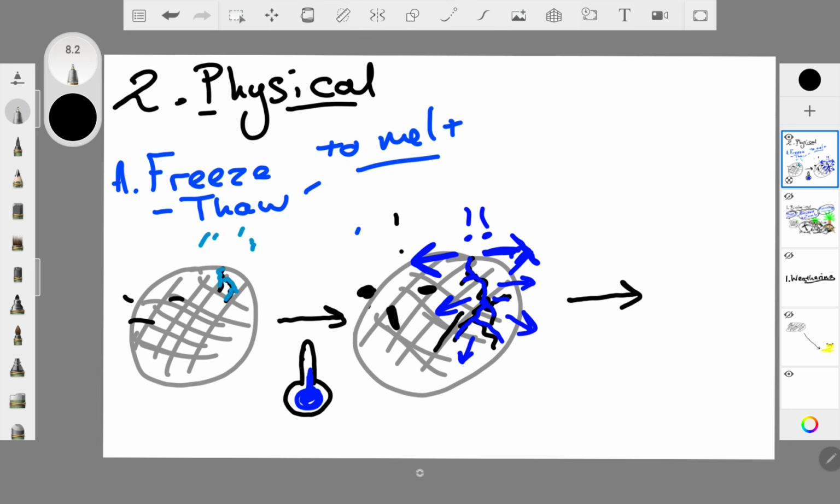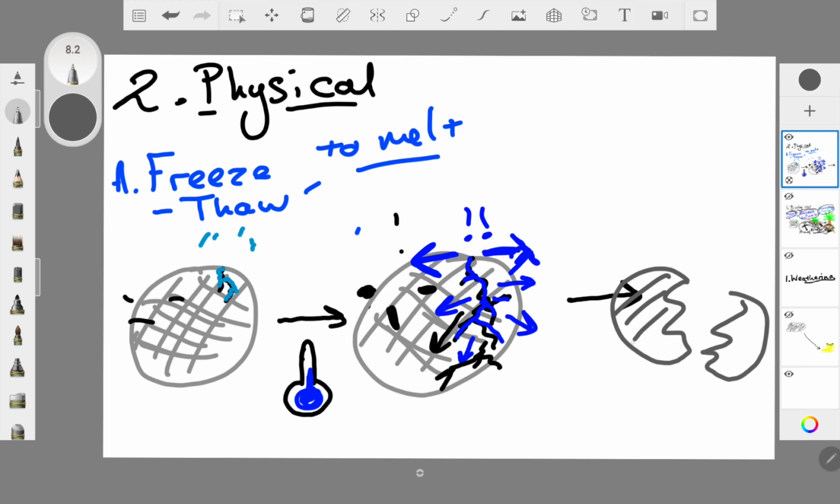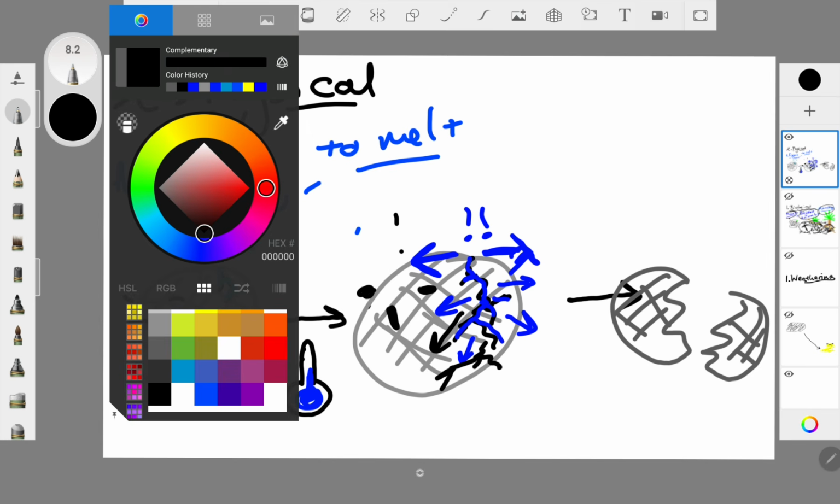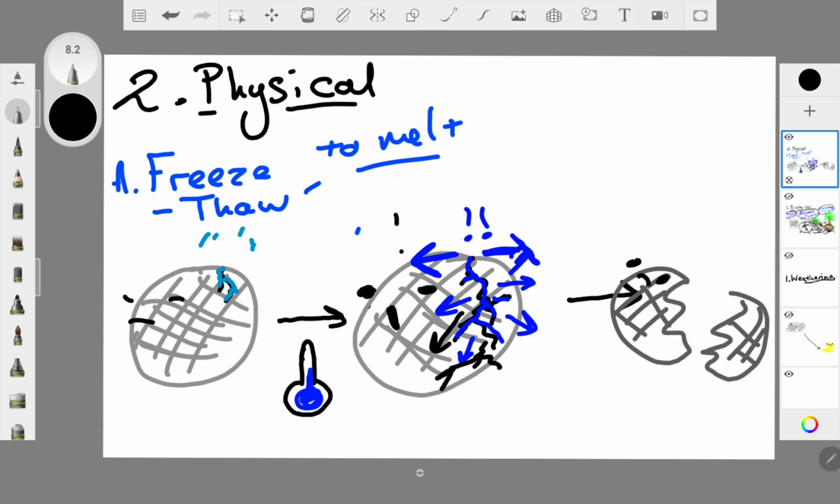The water gets deeper and deeper, the cracks get wider and wider, and by the end of it, my poor boulder has been cracked in half, broken apart, and the process is going to keep happening as new cracks form. So that's freeze-thaw weathering. It happens in cold places.